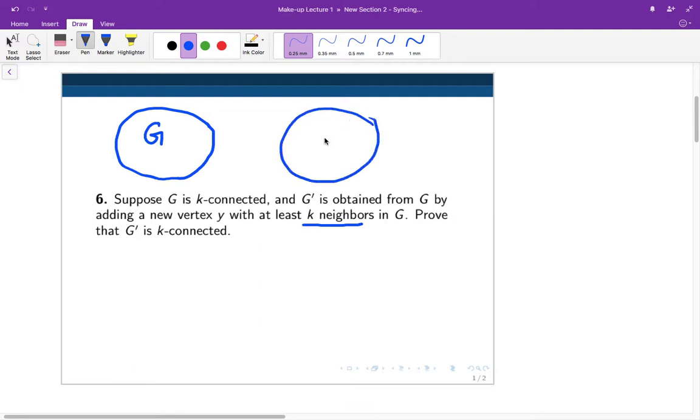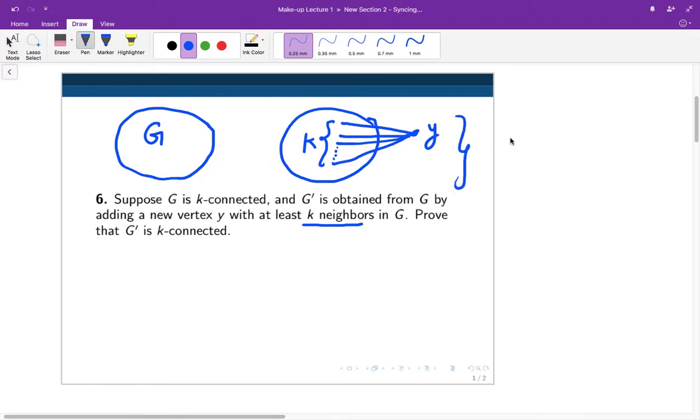So we have the graph G, and then there is a new vertex Y, which is outside G, such that it has at least k neighbors inside G. So we construct the graph G prime from G by adding this new vertex Y together with at least k neighbors.